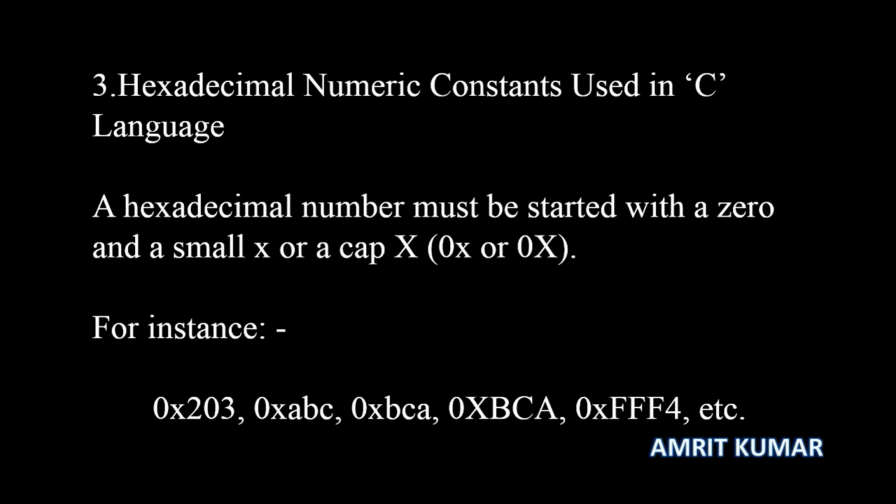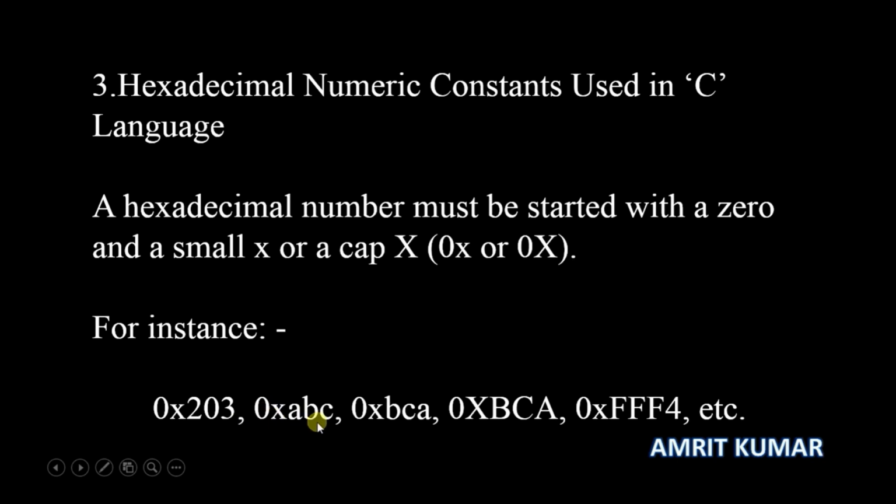A hexadecimal number must start with a 0 and a small x or a capital X. So hexadecimal must start with 0, followed by a small x or a capital X.